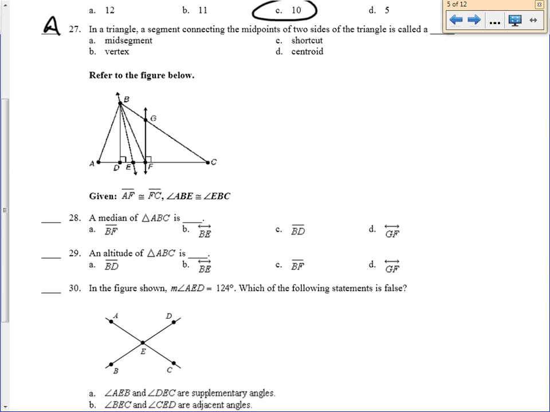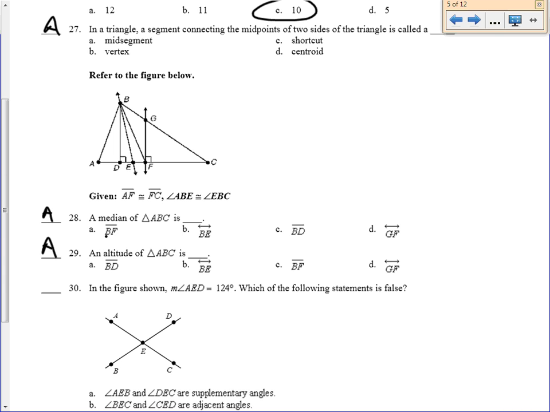It tells us AF is congruent to FC, so that puts F in the middle. So if F is in the middle, BF is the median. Intersection of the medians? Centroid. And our little acronyms or whatever, medians and centroid. Altitude is, like I said before, BD, that's A.